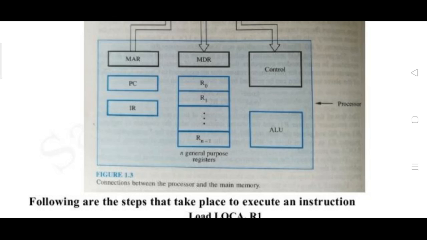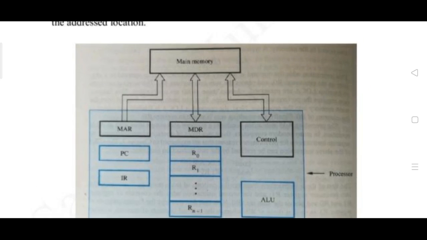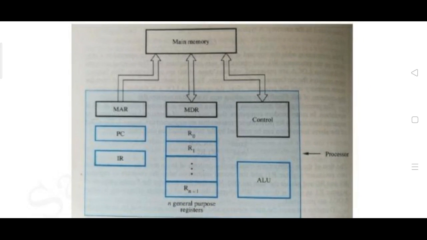Apart from them, the processor has a control unit as well as an arithmetical and logical unit. The arithmetical and logical unit is identified as ALU. Its job is to perform arithmetical and logical operations, whereas the control unit, CU, governs the path of the data flow. And you can see the bidirectional arrow and unidirectional arrow.